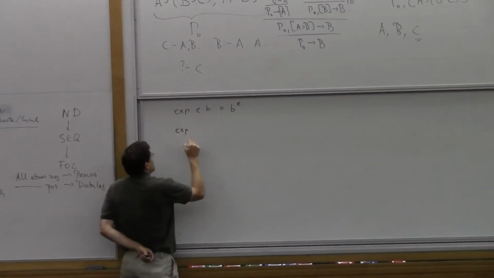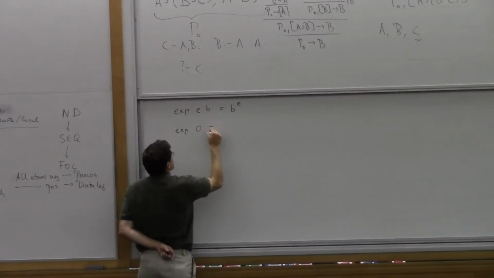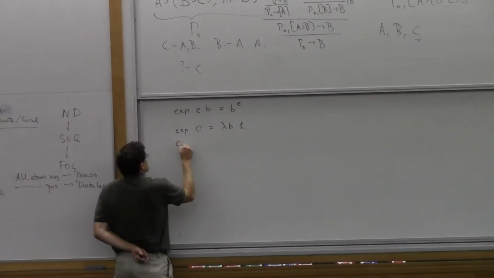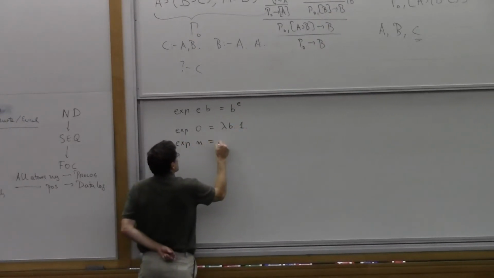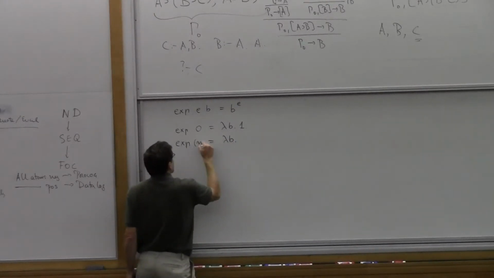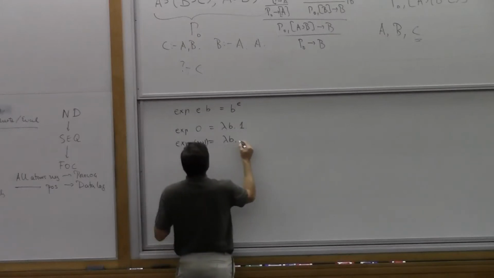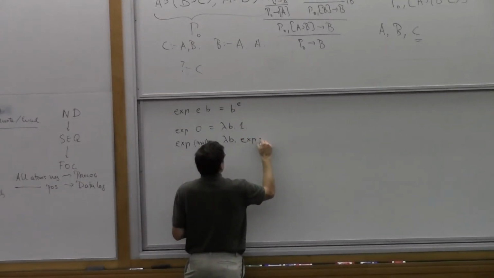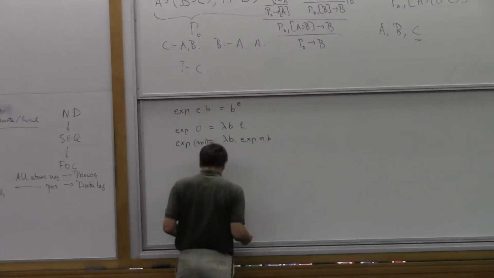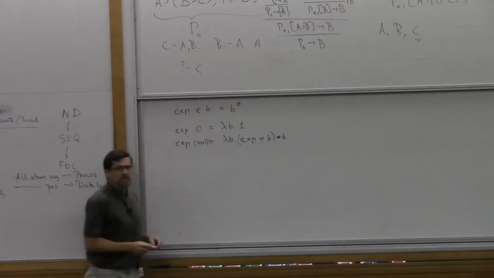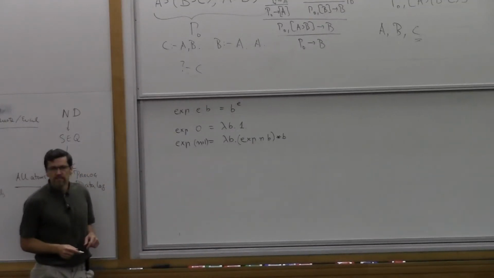Exponent of 0 is lambda b. 1, and exponent of n plus 1 is lambda b. b times exponent of n and b. Are we okay with that? Does that make sense?